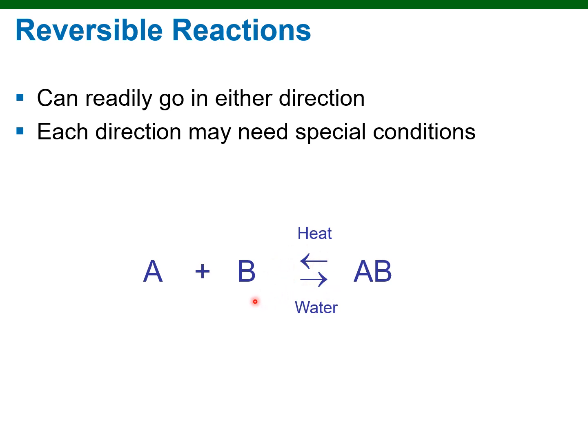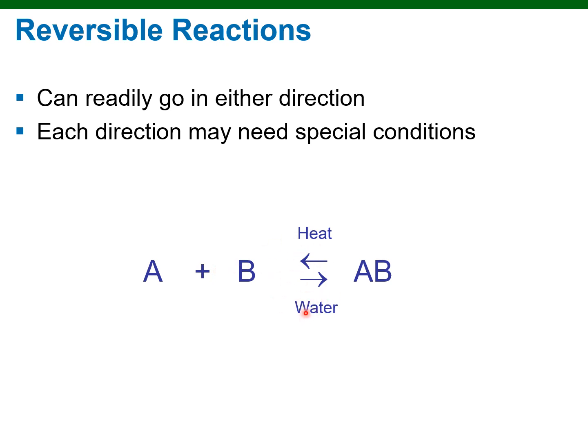So in this case, if there's excess water, moisture, A and B can proceed to form this bond, AB. But if heat is prevalent, then you would imagine that that could actually involve water loss. And under heated conditions, AB could break apart and decompose back into separate A and separate B. But there is a reversibility about this depending on which conditions prevail.